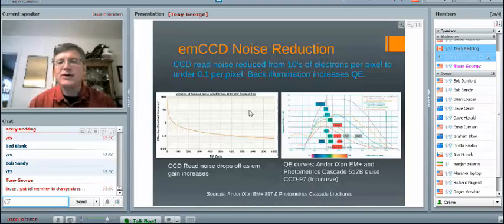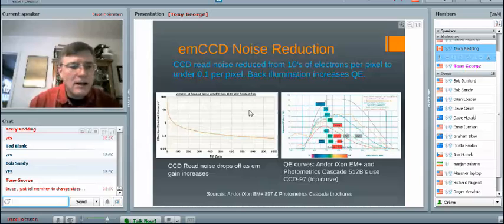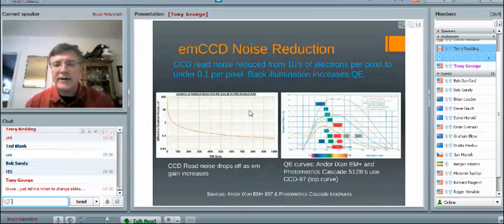And in particular, out towards the longer wavelengths, the quantum efficiency of the EMCCD cameras is several times greater than the quantum efficiency of the typical IOTA camera. Okay, please turn to the next slide.